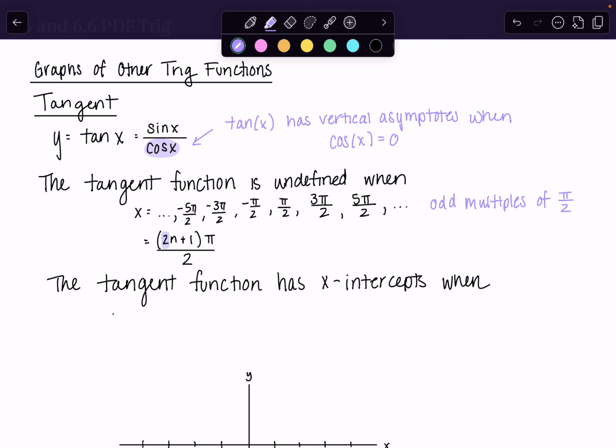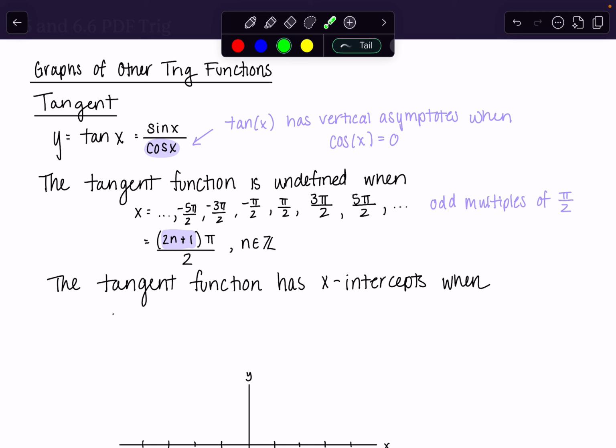That represents those odd integers, and this value of n is an integer. This will get you negative 5, negative 3, negative 1, 1, 3, 5, 7, 9, and so on. That's where we have a vertical asymptote, and our function is going to blow off to positive or negative infinity.